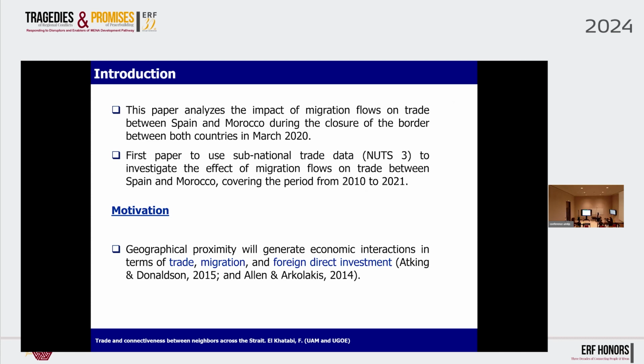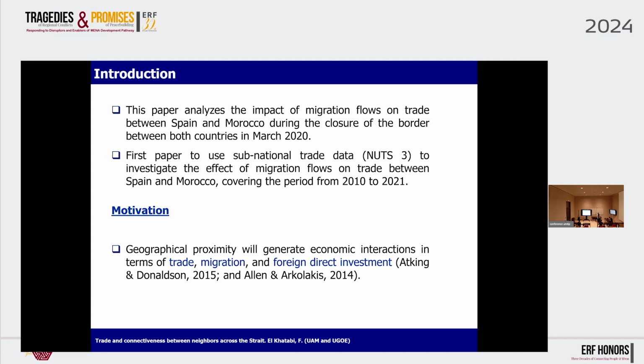The motivation to do so is that the core models of international trade and economic geography predict that two economies which are located nearby will generate economic interaction in terms of trade, but also in terms of migration and foreign direct investment.